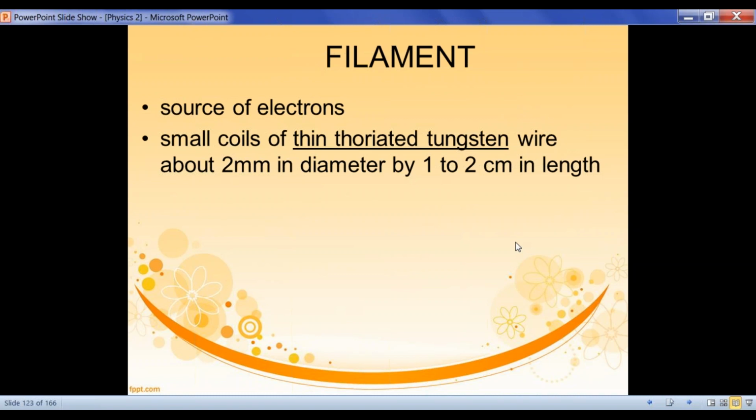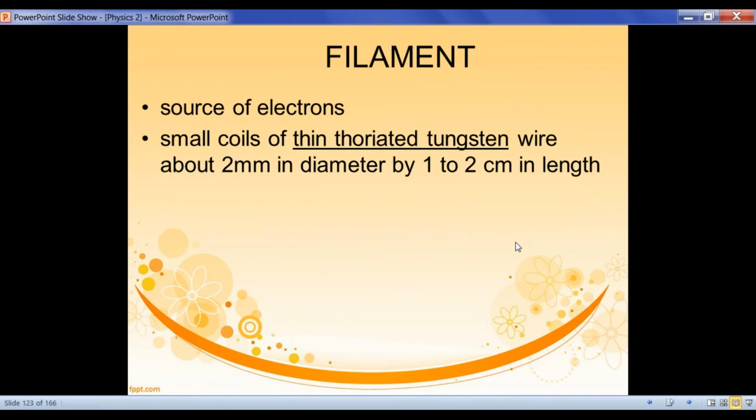So yung number of electrons na nai-emit ng ating filament is directly proportional sa number of X-rays na napo-produce ng ating anode. Yes, again, para malinaw, kung gaano po kadami yung electrons na napo-produce ng ating filament doon sa ating cathode, ganon din po kadami yung amount ng X-rays na mapo-produce ng ating target from the anode.